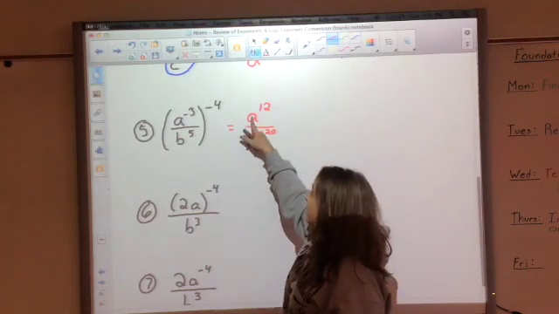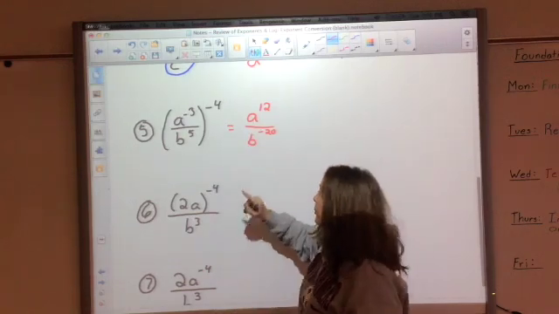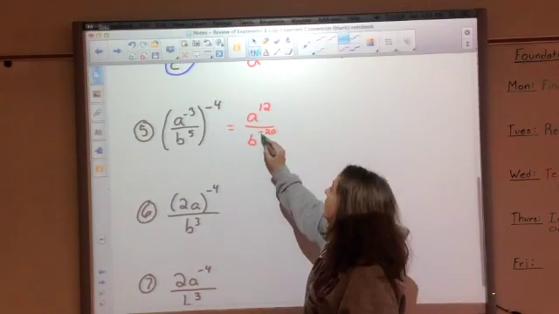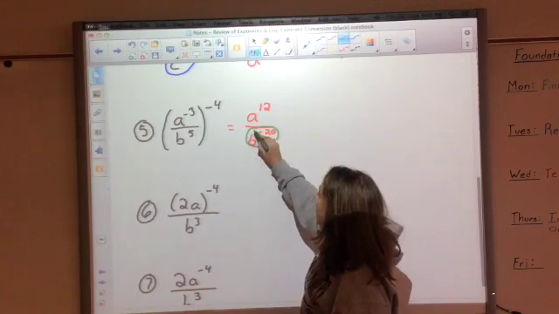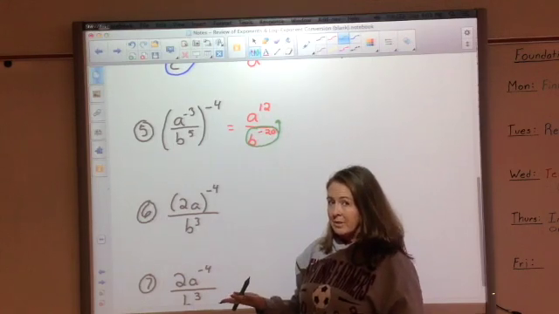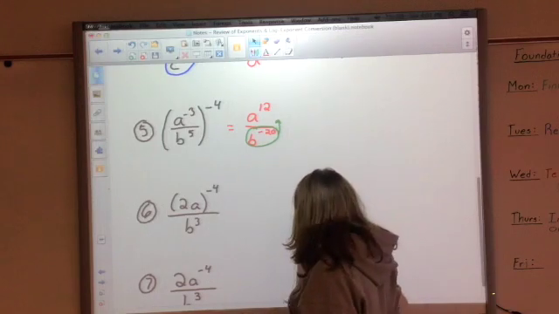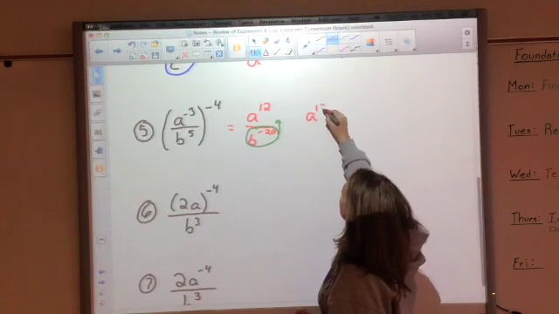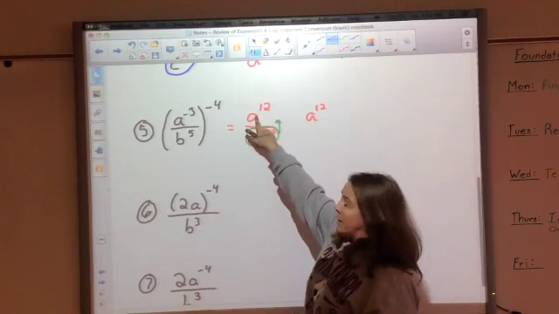Well, these are different bases, so they can't be combined. However, I have a negative exponent. And I know that with a negative exponent, that means I want to take this entire piece and move it up, which when I do, it loses its negative, and then I would have just a 1 on the bottom. So I would have a to the 12th stay on top because it does not have a negative exponent.